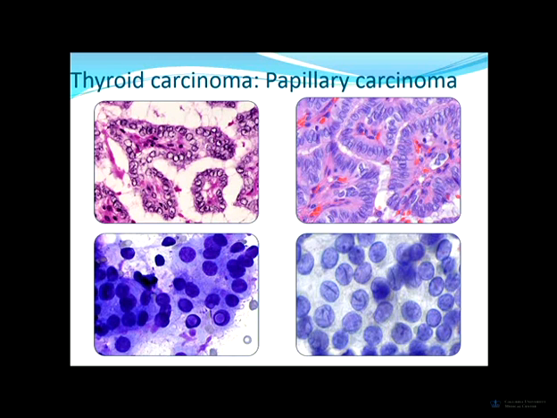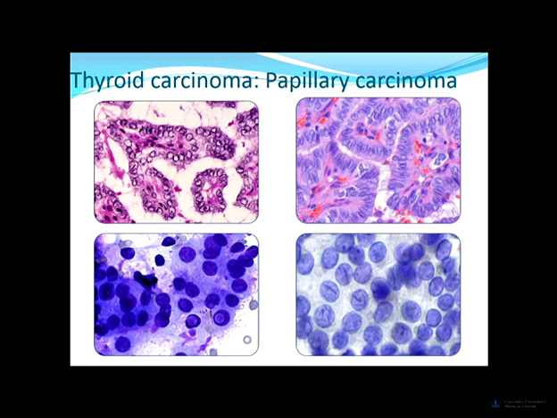And some of the other features that we can see here, the nuclei are elongated, and you can see these lines running through it. These are called the grooves. And in addition, this would be a pseudo-inclusion. This is where the nuclear membrane folds inside and forms these circles. And again, these are the grooves. And these two are cytology preparations, and these two here are surgical pathology.